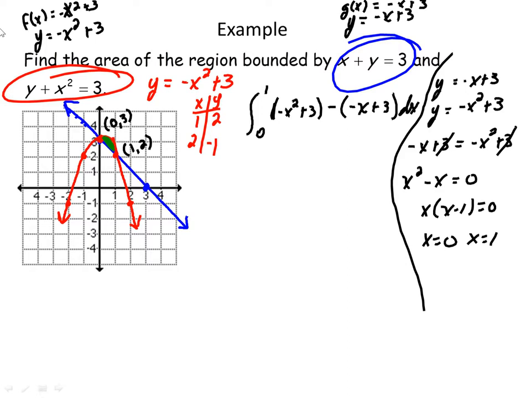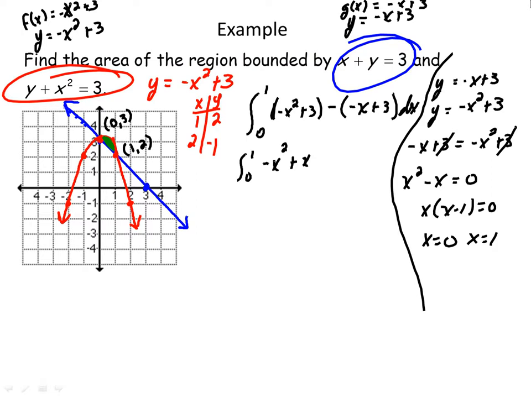Well, from there, we're going to have to do a little bit of algebra. So you can take the minus through however you want to do it. I want to put it in descending order, so we're going to have x squared. And then the x is going to come next, so we'll have plus x. And then 3 minus 3, that's going to go away.